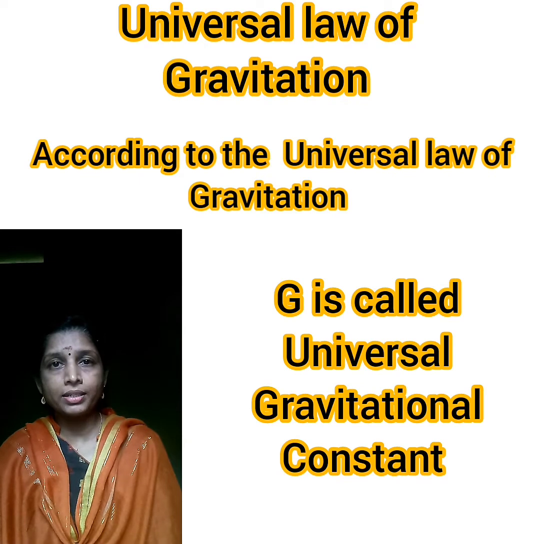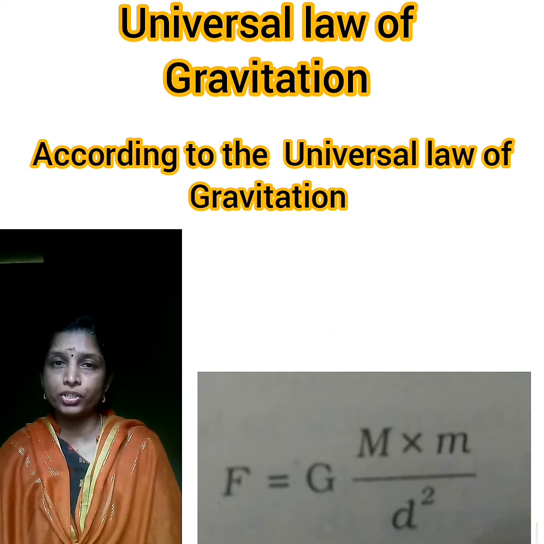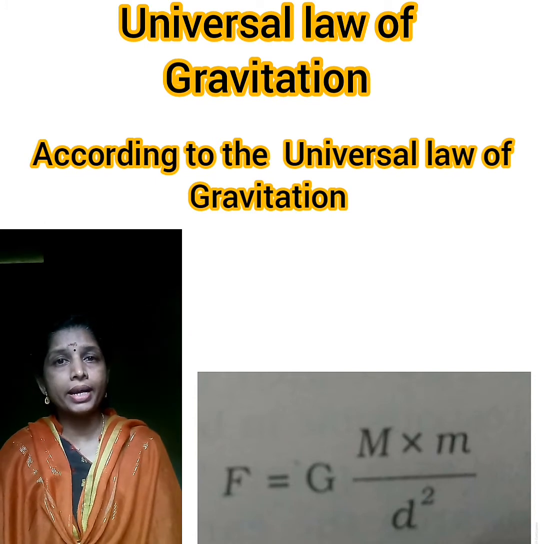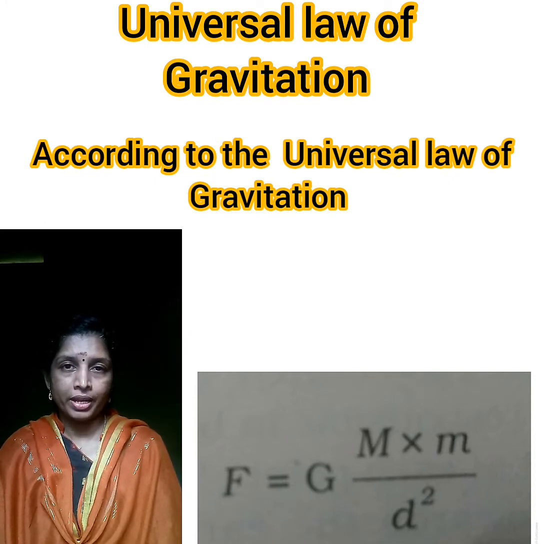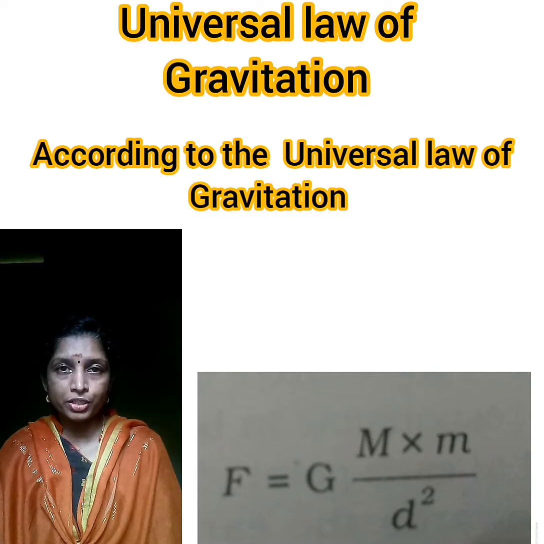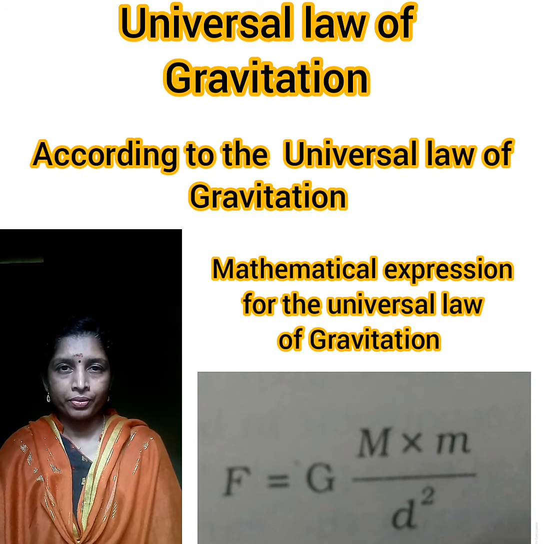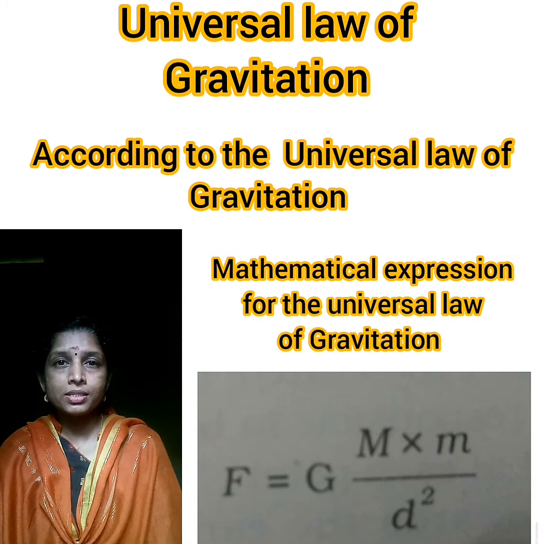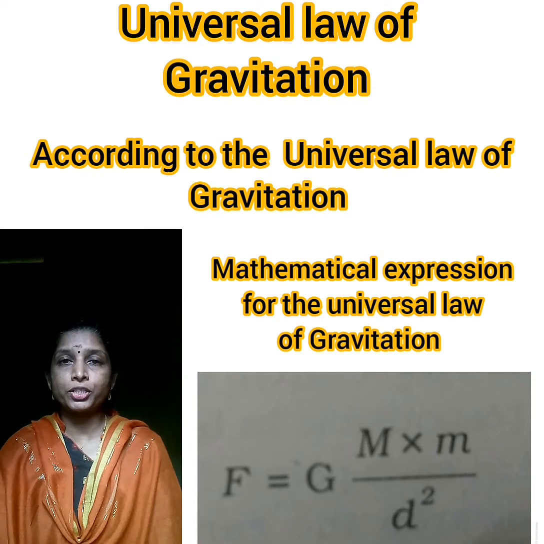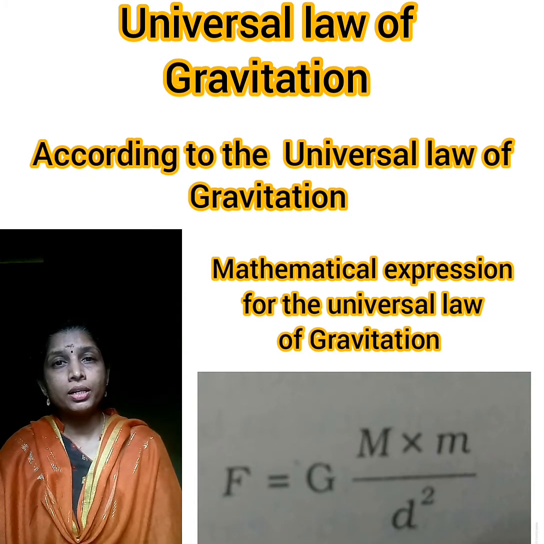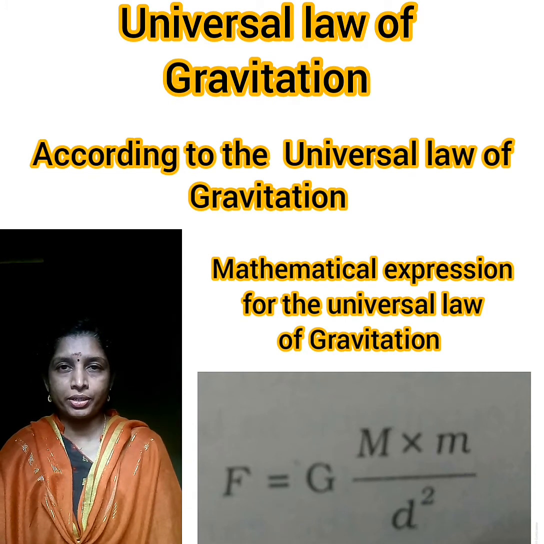So the third equation is F equals G capital M small m by d square. This is the mathematical expression for the universal law of gravitation.